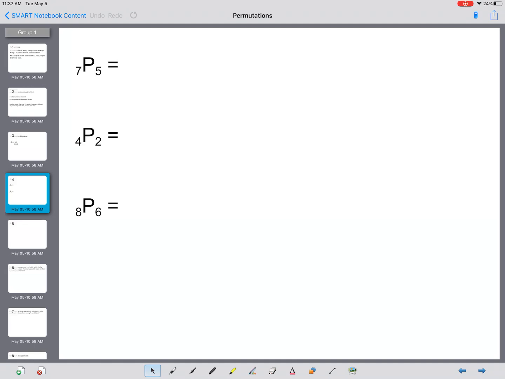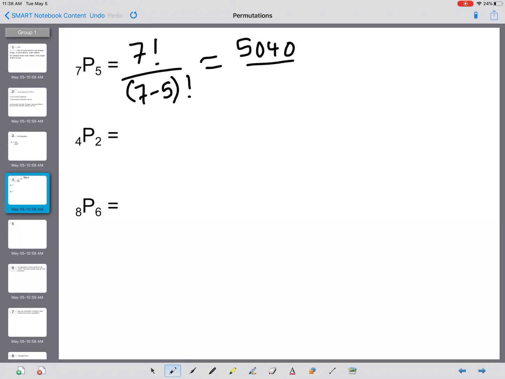So all I'm going to do here is 7 factorial over 7 minus 5 factorial. 7 times 6 times 5 times 4 times 3 times 2 times 1 gives me 5,040. 7 minus 5 is 2 factorial, and 2 factorial is just 2. So this is 2,520 different ways.